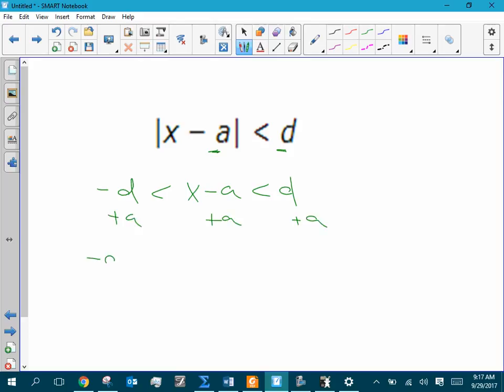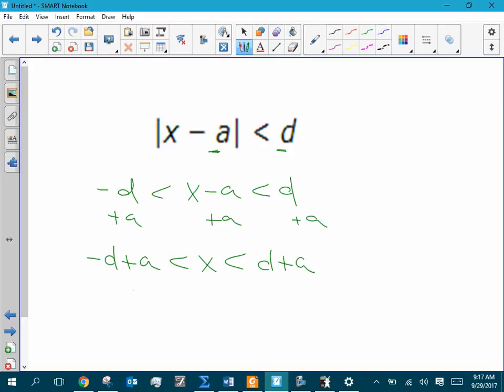So I get negative D plus A here is less than X, is less than D plus A. And however you write A minus D on the left, or A plus D on the right, doesn't really matter, because of the commutative property. But that's the set notation that we have.